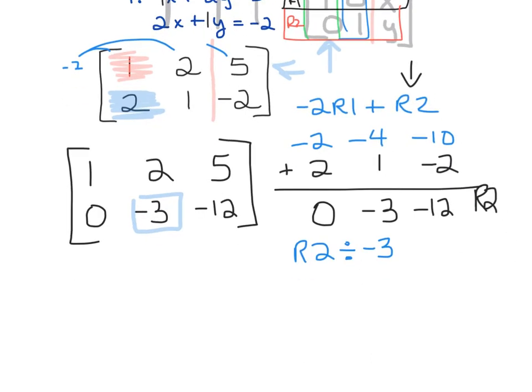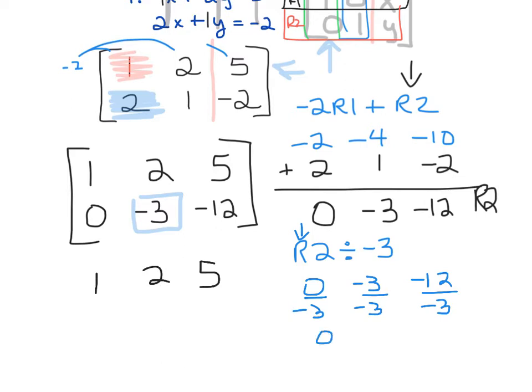That will change the -3 that I just boxed into a 1. So 0 divided by -3, -3 divided by -3, and -12 divided by -3. My row 1 is staying the same. The only thing I'm changing is row 2, and it becomes 0, 1, and 4.